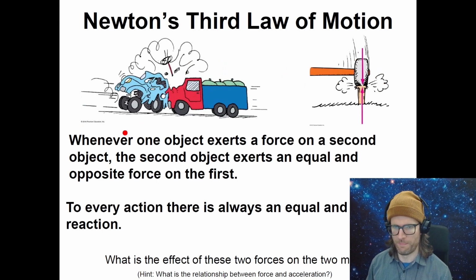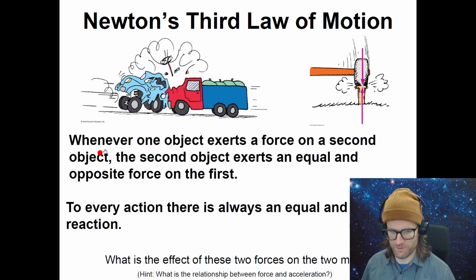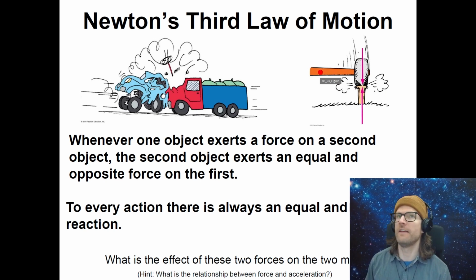Let's restate Newton's third law. Whenever one object exerts a force on a second object, the second object exerts an equal and opposite force on the first. So for every action, there's an equal and opposite reaction. This applies to vehicle accidents, hammers and nails, well, anything in the universe.